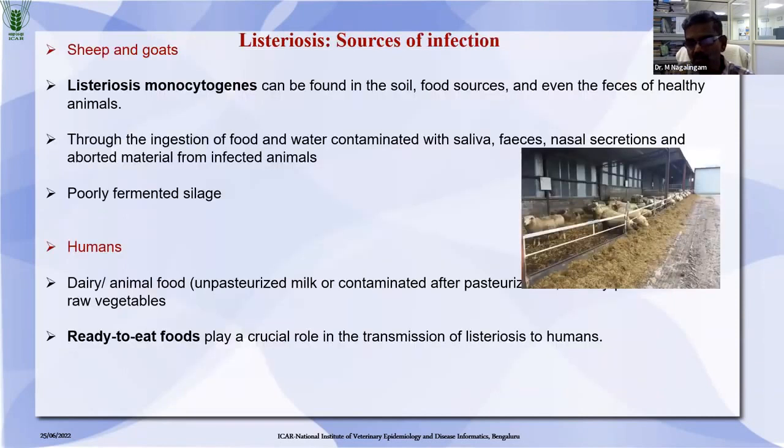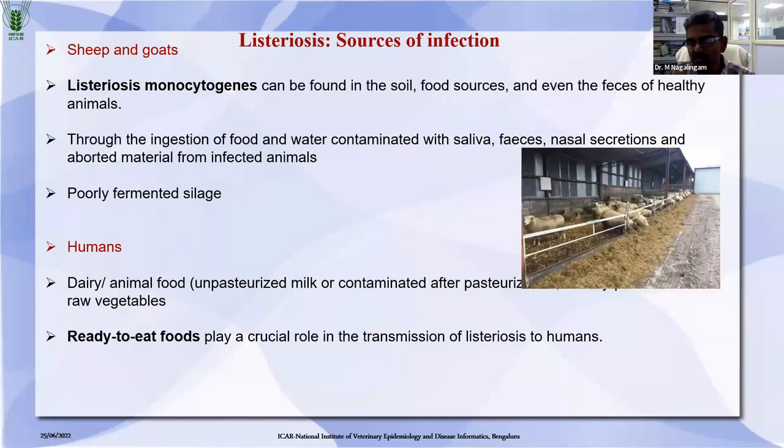When we come to the sources of the infection, as I already told you, it is ubiquitous in nature. It is found in soil, food sources, everywhere. One of the main sources by which it enters the animals is poorly fermented silage.